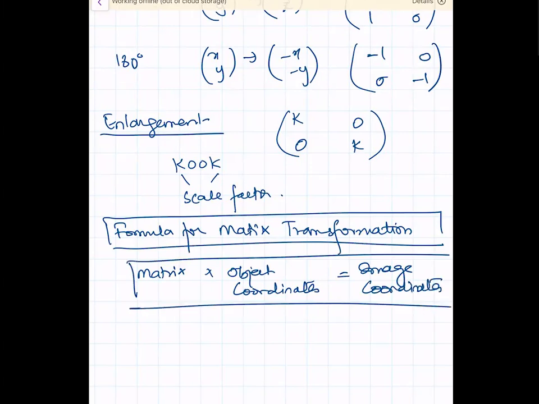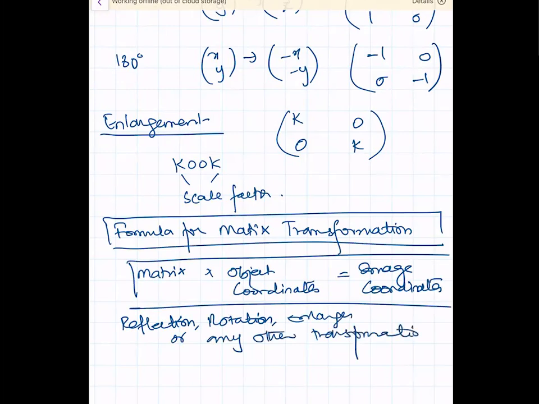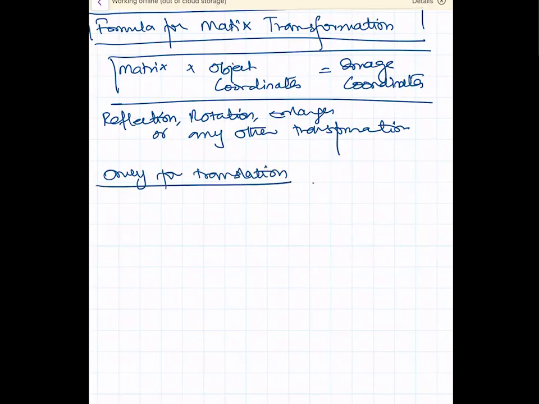This is for reflection, rotation, enlargement, or any other transformation. Only for translation, it is object coordinates plus translation vector gives you the image coordinates.